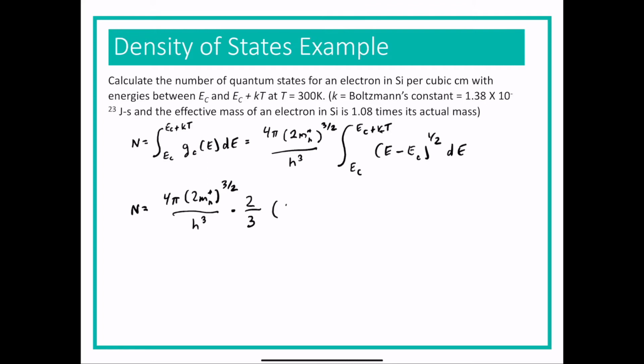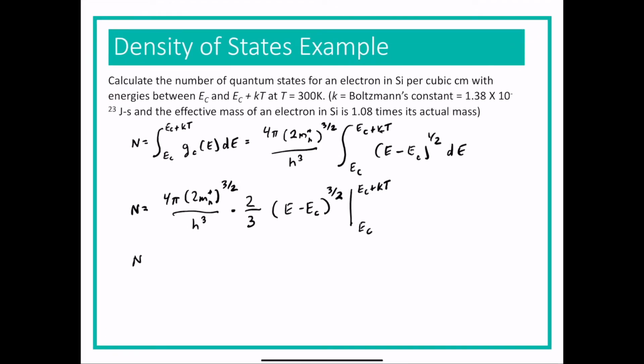And we're going to get (E minus E_C) to the 3/2 here. And we're going to evaluate this from E_C to E_C plus kT. Hopefully I won't run out of room, but I might.